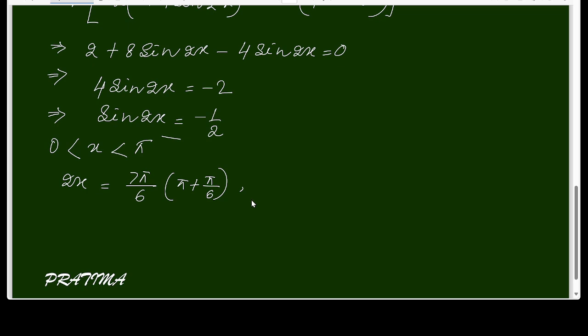Again, fourth quadrant it will be negative, so it will be 11 pi by 6. So x equals to 7 pi by 12 and 11 pi by 12.